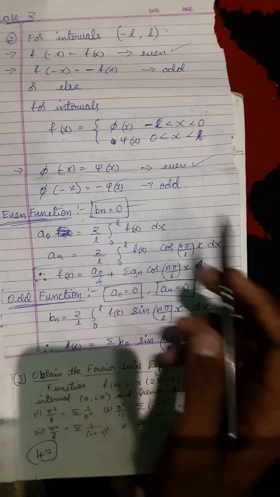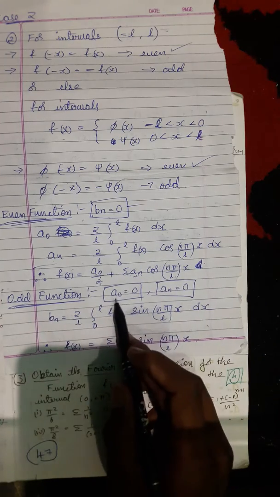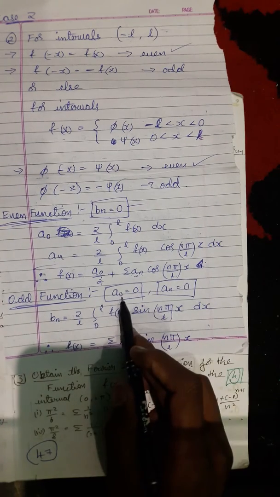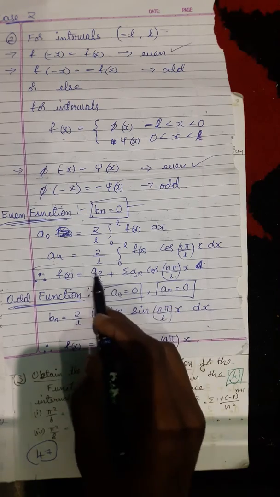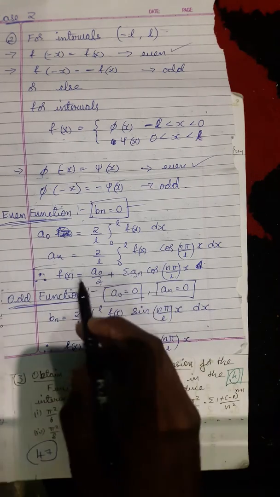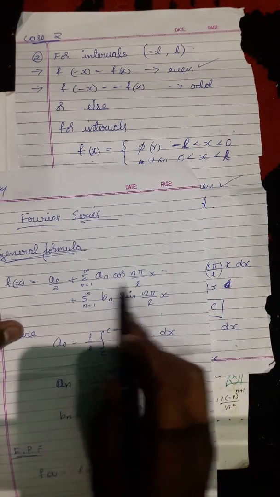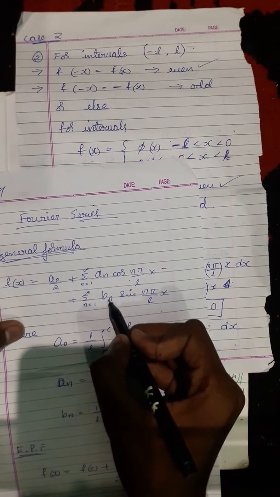If we determine it as an odd function, then a0 as well as an become 0. I mean, these two terms become 0. We can see this in the general equation, in which bn is taken as 0.